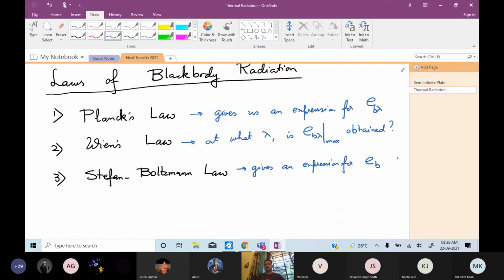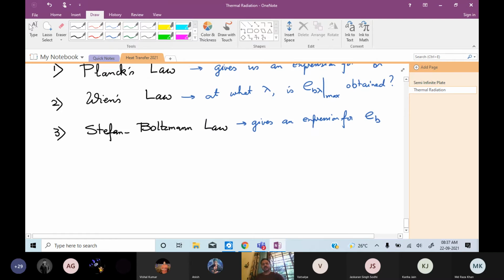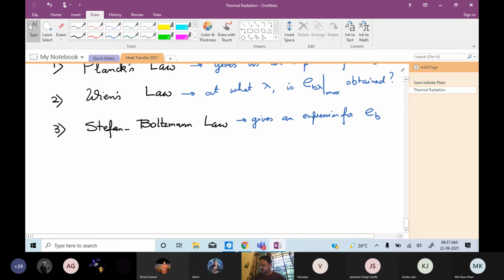So Stefan Boltzmann law gives the emissive power of a black body or a black surface. Okay, so these are the three laws, all related to emission characteristics. Let us take each of them one by one, starting with Planck's law.